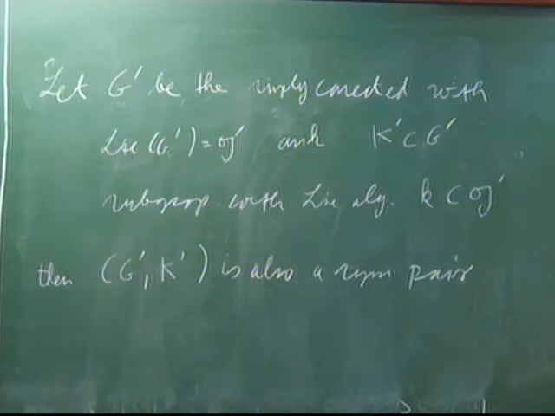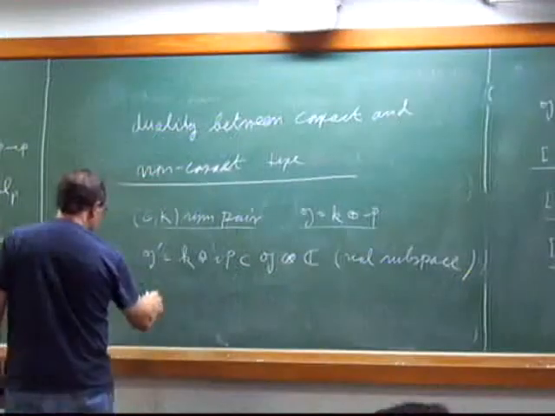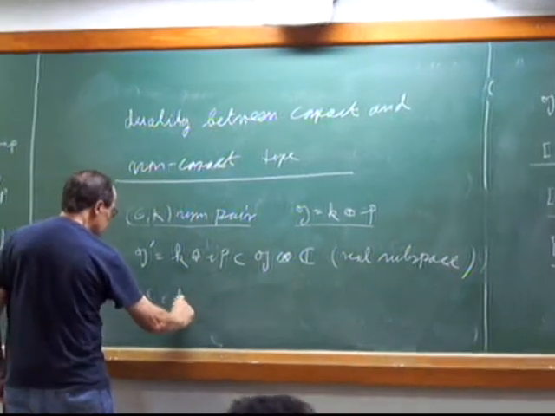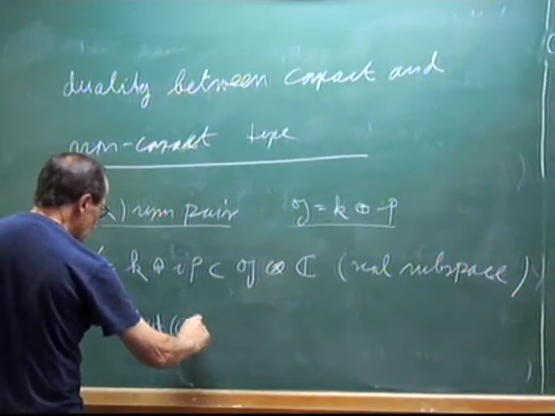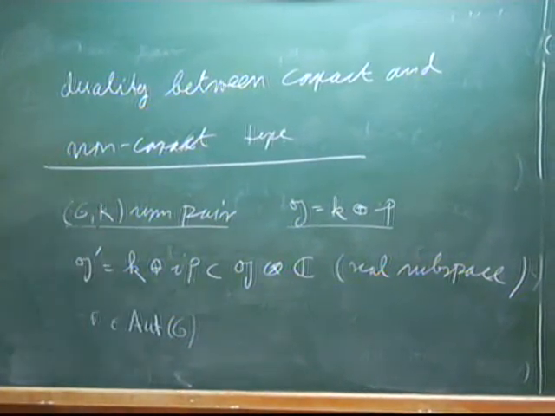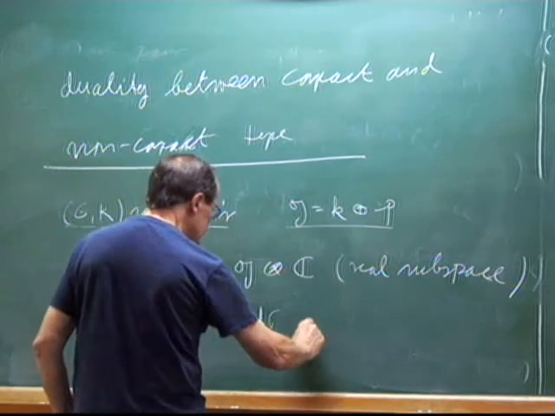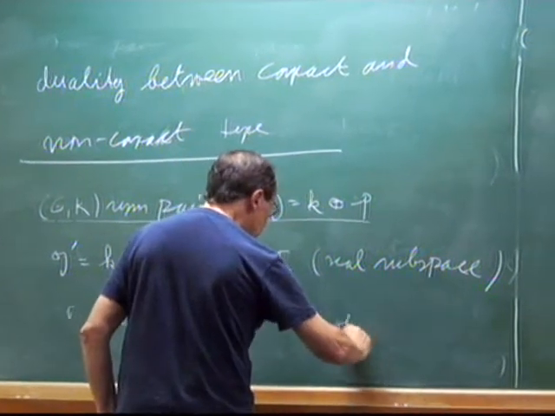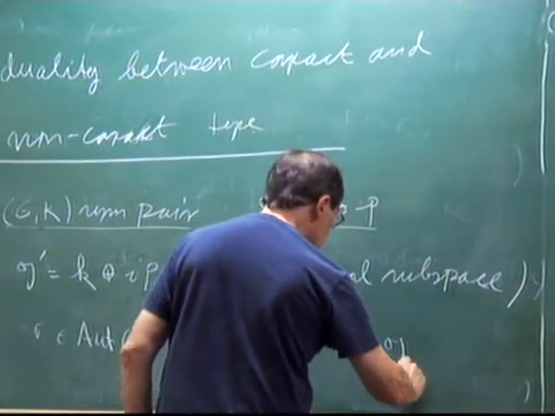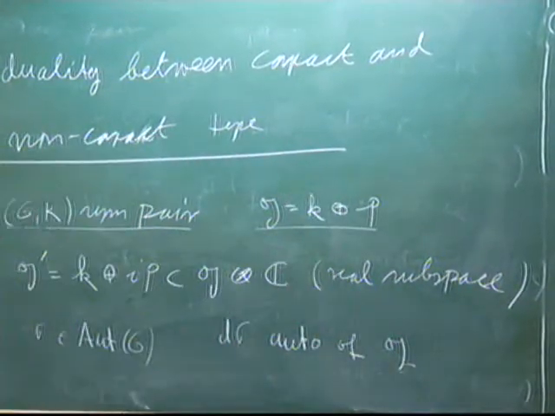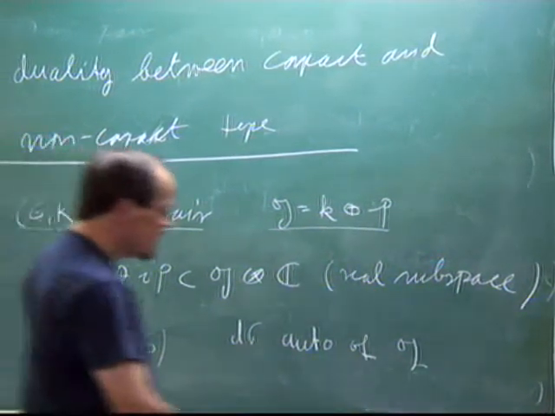So why is that? Well, here I have my automorphism, which makes this into a symmetric pair. So that means that d sigma is an automorphism of G. So these are plus and minus 1 eigenspaces. So I can complexify.